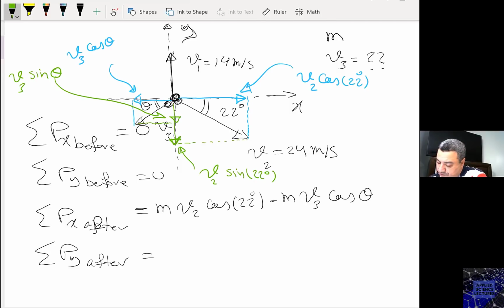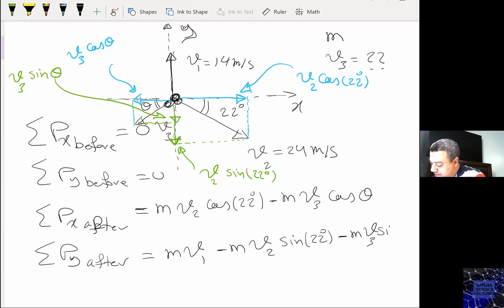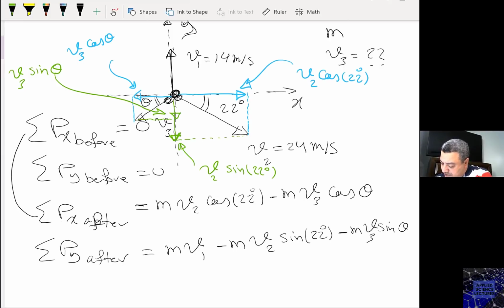So now if I am to write the sigma py after, I have v1 positive, so it's m v1. I have v2 as negative, minus m v2 sine 22 degrees. I have this one as negative, minus m v3 sine theta.